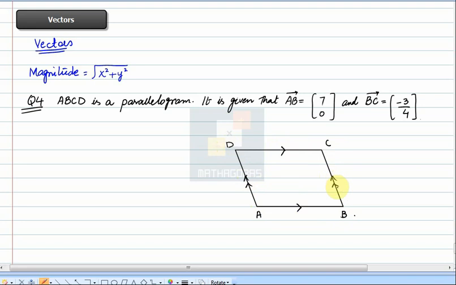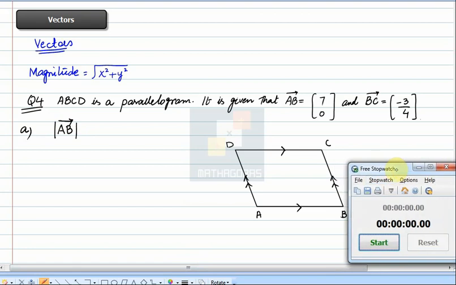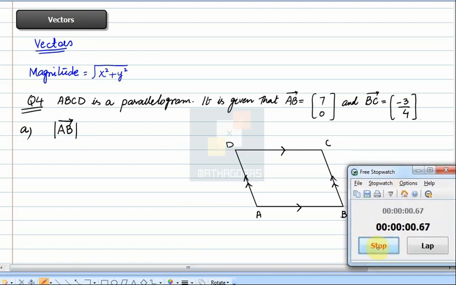Right? In the first part, we need to find the value of magnitude of AB. You need to do that first, and for that purpose I will give you a time of 1 minute. Find the value of magnitude of AB.